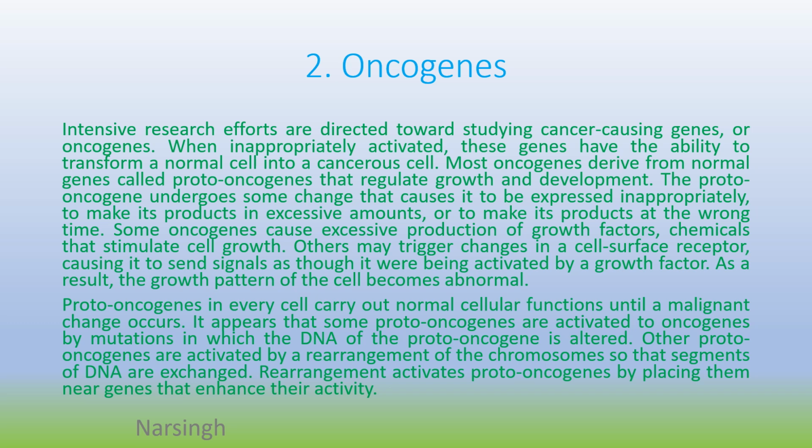It appears that some proto-oncogenes are activated to oncogenes by mutations in which the DNA of the proto-oncogene is altered. Other proto-oncogenes are activated by a rearrangement of the chromosomes so that segments of DNA are exchanged. Rearrangement activates proto-oncogenes by placing them near genes that enhance their activity.